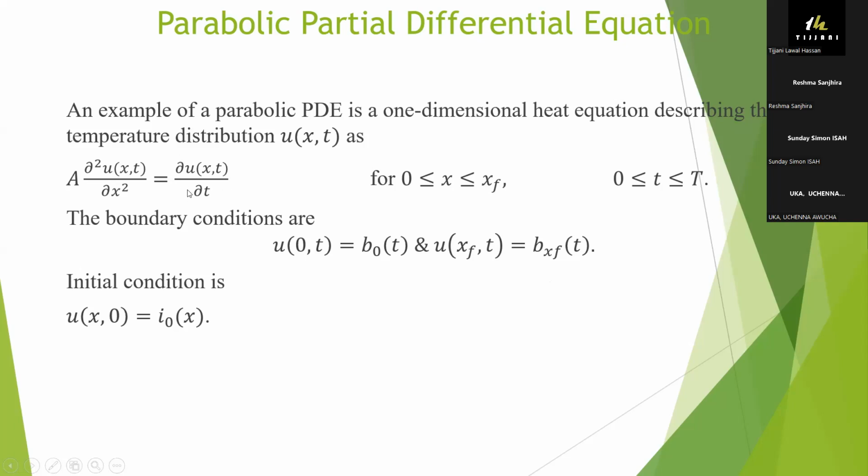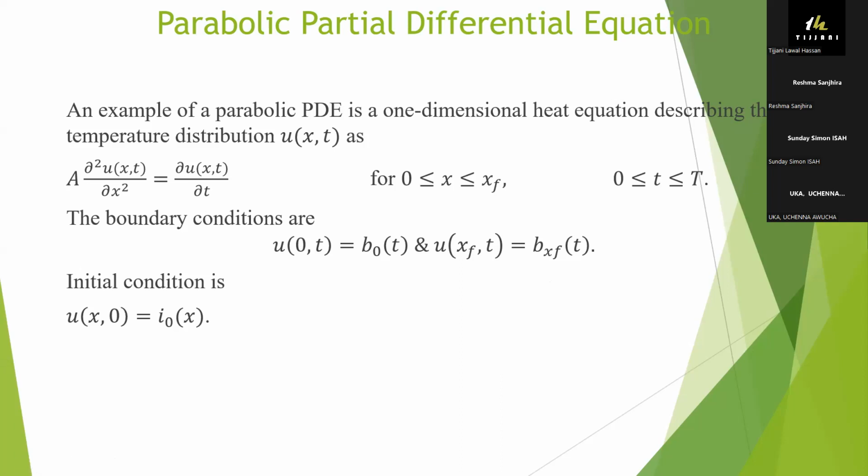And since it is a first derivative in time, we require one initial condition. So to solve this partial differential equation, we require two boundary conditions due to the second order derivative in the space variable, and one initial condition due to the first order derivative in the time variable. So this is the parabolic partial differential equation.